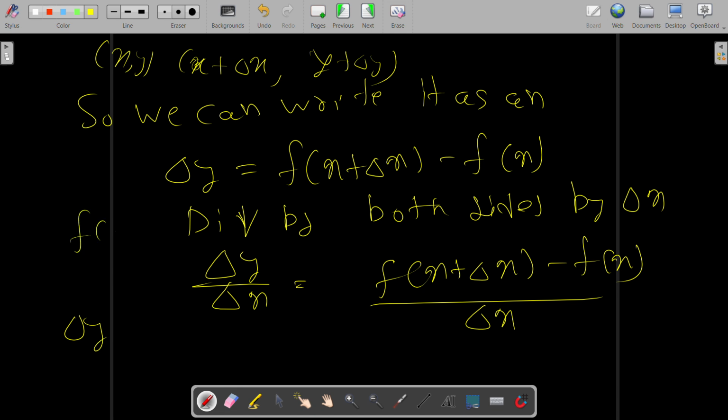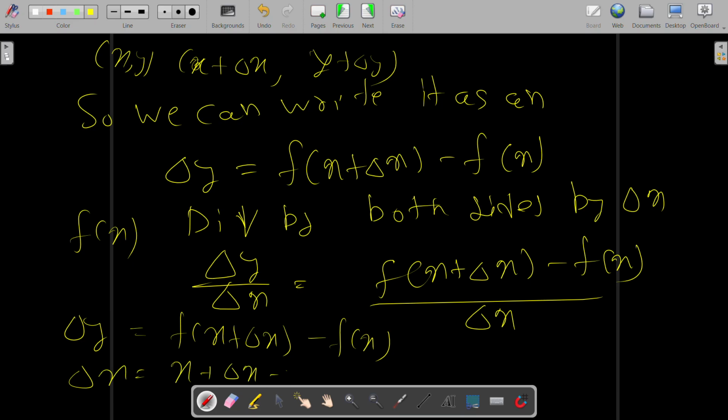Since the function is f(x), del y equals f(x plus del x) minus f(x). Now dividing this by del x, we know del x can be written as x plus del x minus x. So I have just divided it by del x.